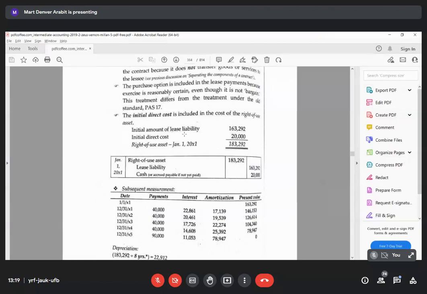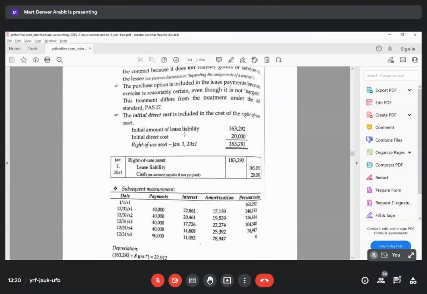Since initial direct costs are usually sila lang yung nako-consider as part of ROU but cannot be part of the lease liability. Okay, so if there is any difference between ROU and lease liability at commencement, so probably initial direct cost yan. Yun yung difference na yun.